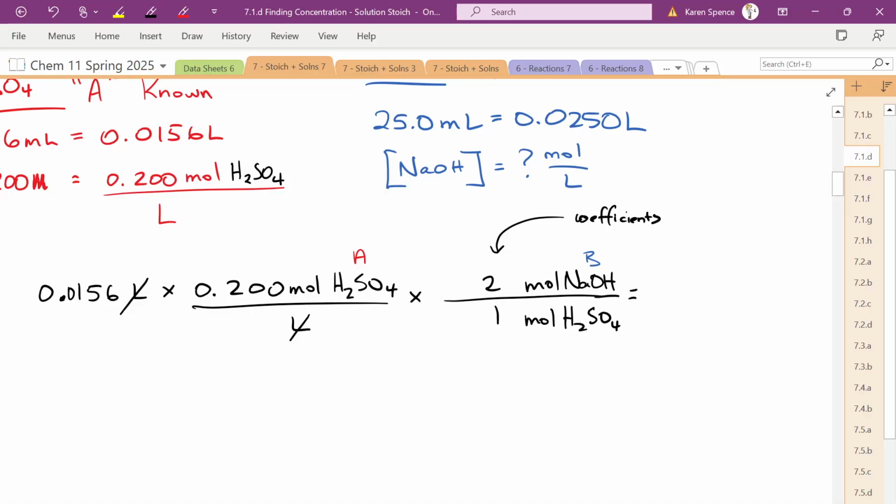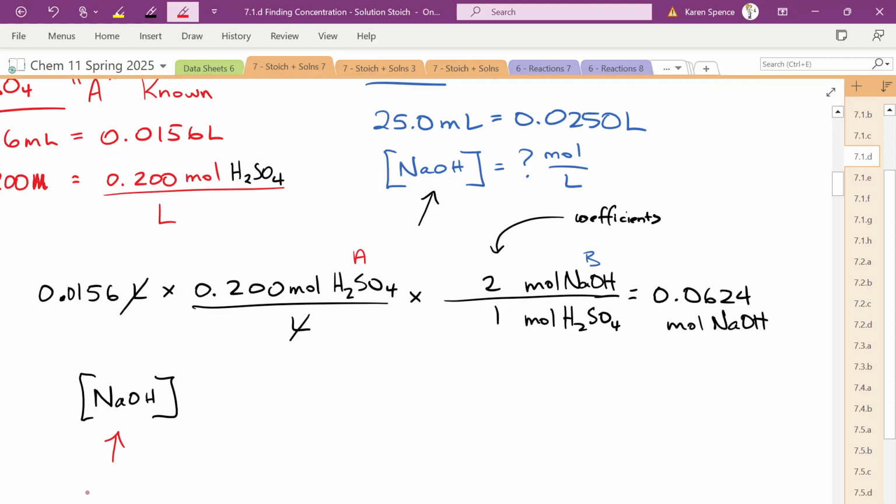So we have 0.156 times 0.2 times 2 is 0.0624 moles NaOH. But we were asked to find the concentration of NaOH. Write this.